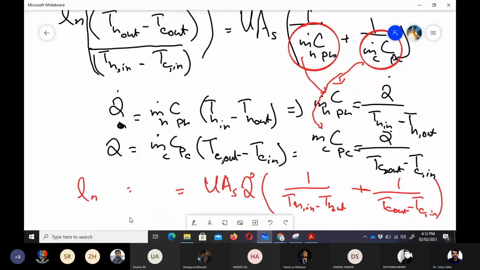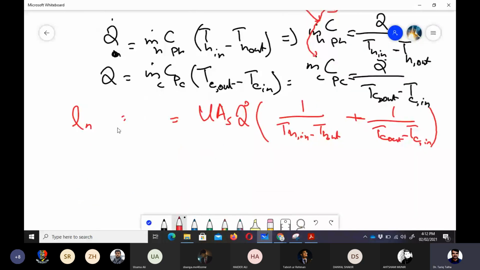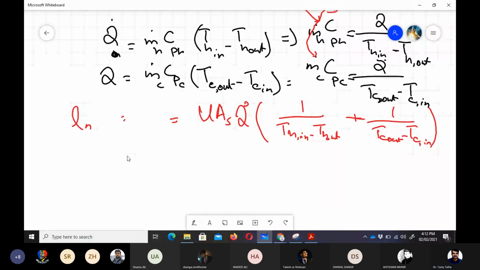Let's see. So now from here, if we want to calculate Q dot, we can write it, or maybe it was, just a minute. Let me see. I think I have made a mistake here.